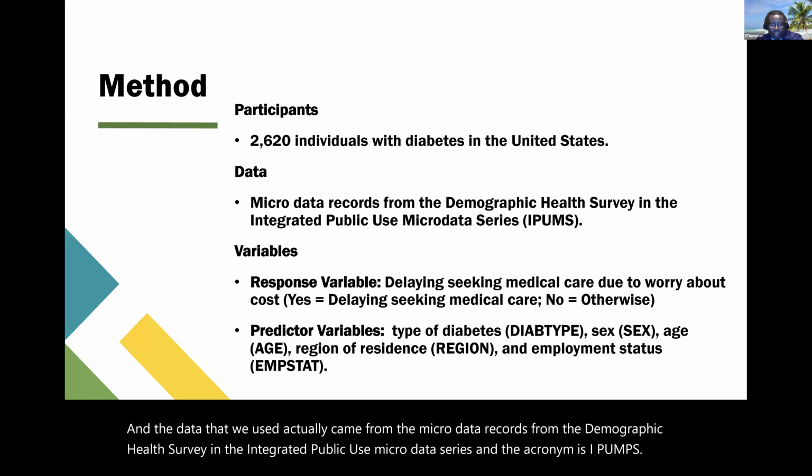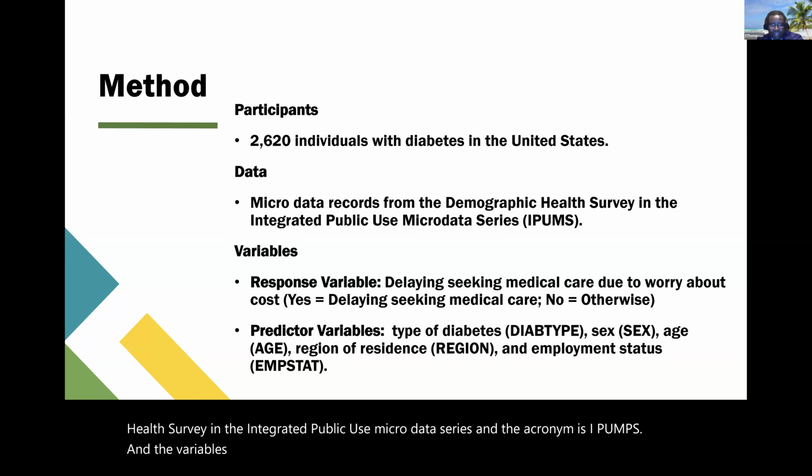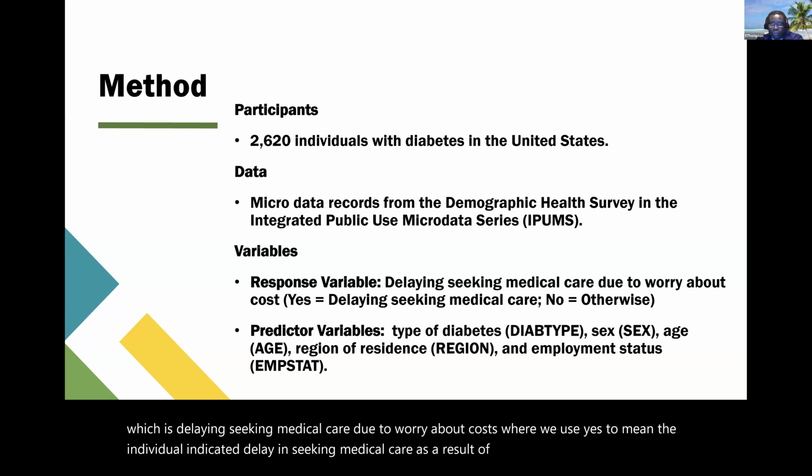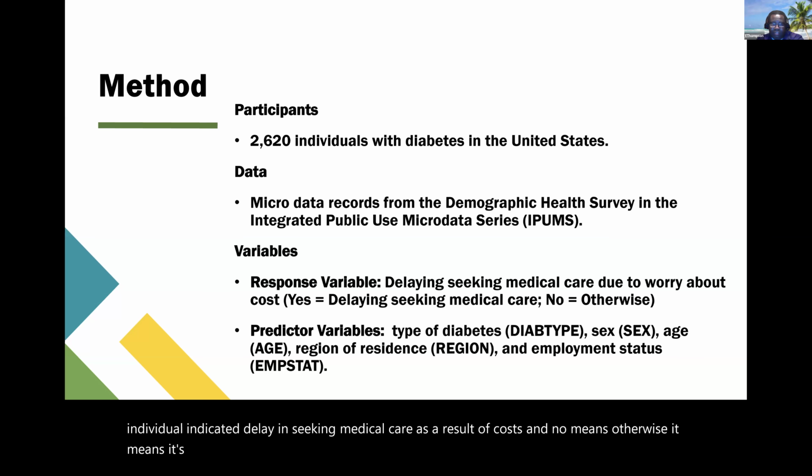The variables that we studied, we have them in two parts. The response variable is delaying seeking medical care due to worry about cost, where yes means the individual indicated delaying seeking medical care as a result of cost, and no means otherwise. It means it's not yes.